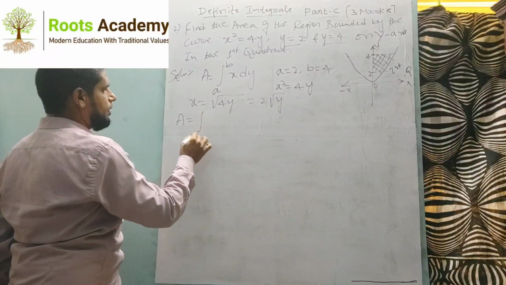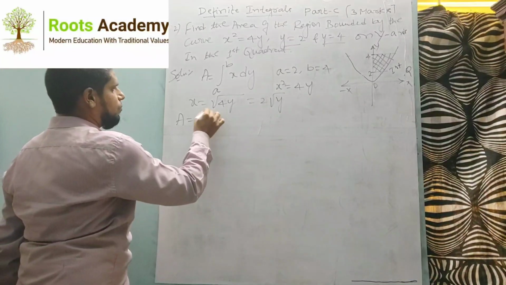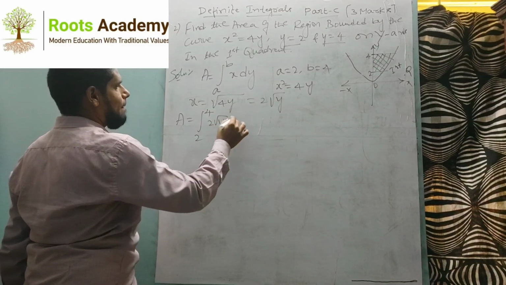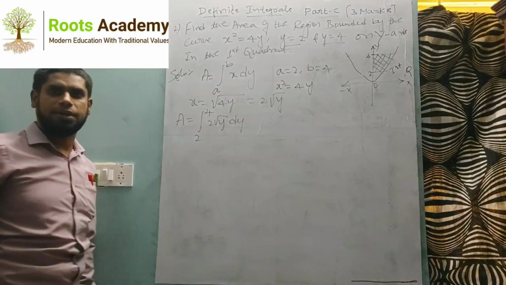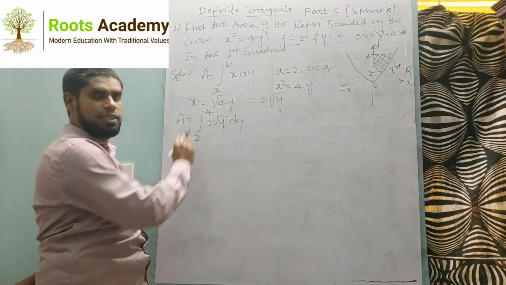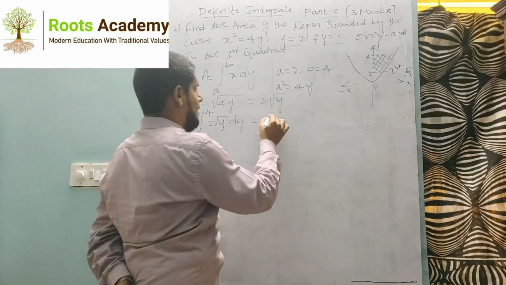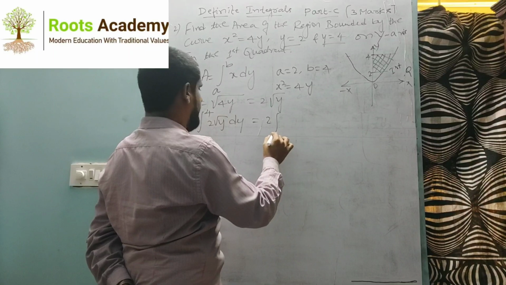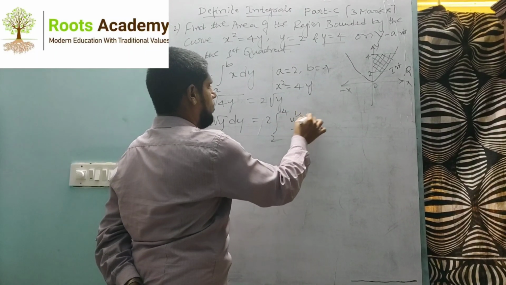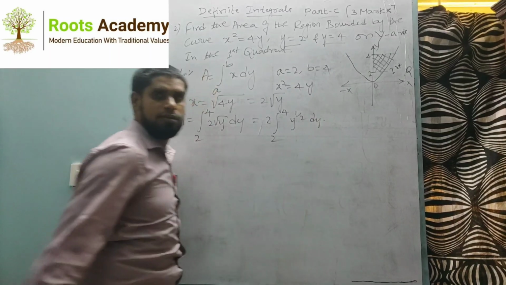Area equals integral 2 to 4, 2 root y, obviously dy. 2 is a coefficient of root y, I will take outside the integral. 2 integral 2 to 4, root means y power half, dy.